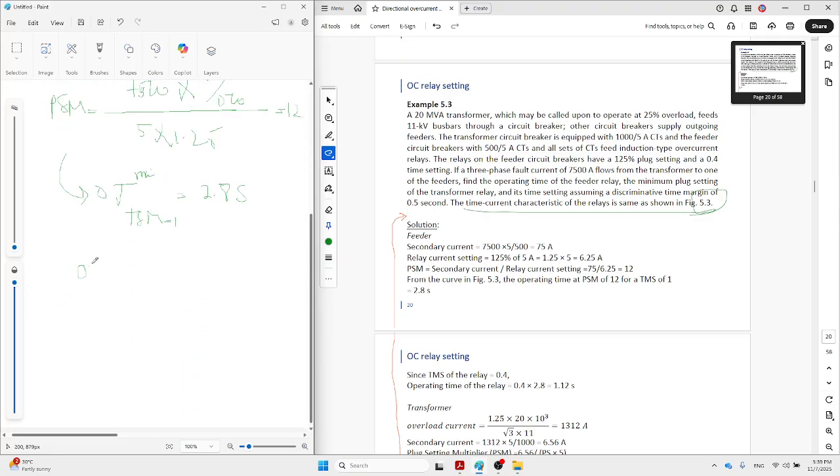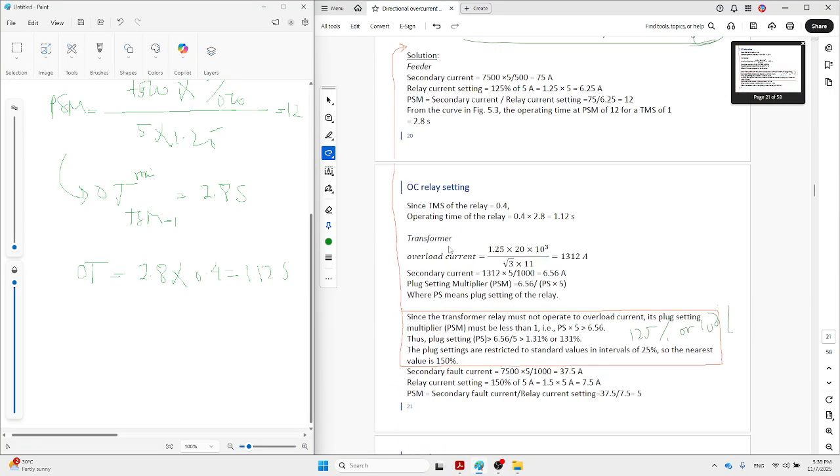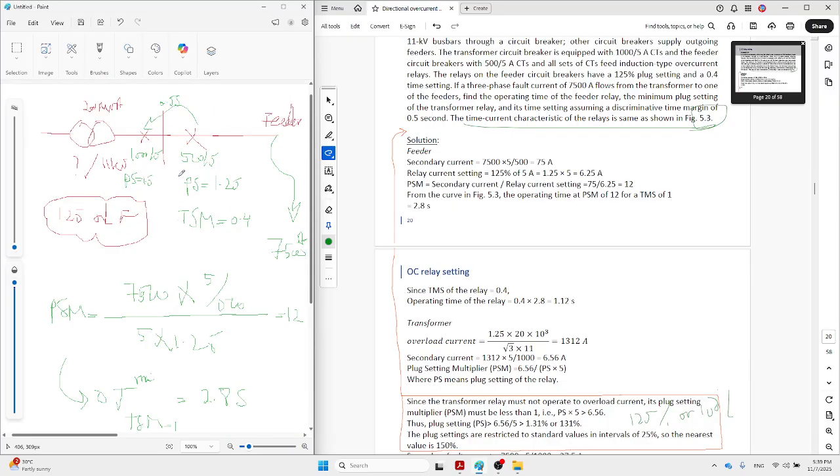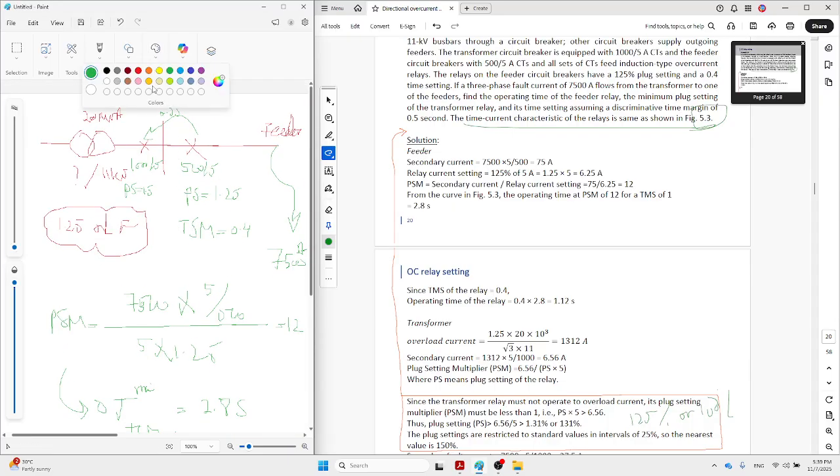So the real operating time for the main relay by the given TSM is 2.8 times 0.4, which equals 1.12 seconds.